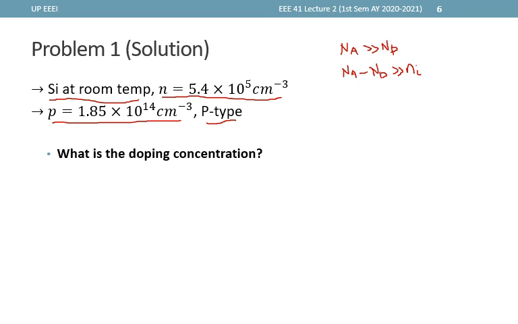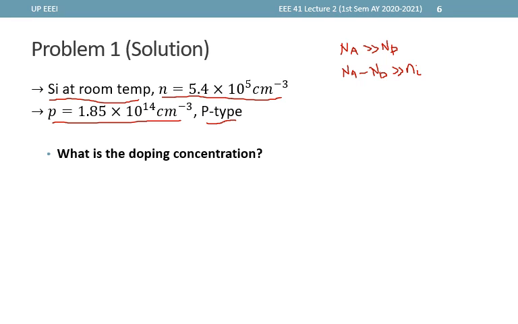Now, since nothing is mentioned about the material having two types of dopants, then in this type of problem, we can safely assume that there is only one type of dopant in the system.